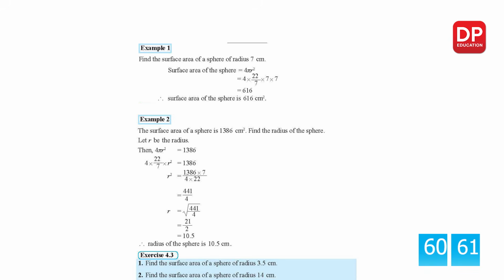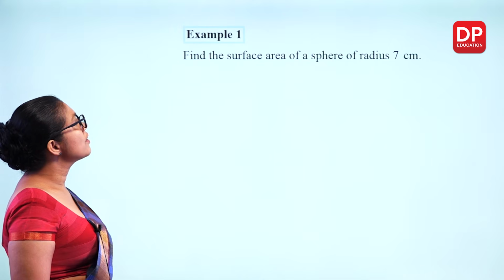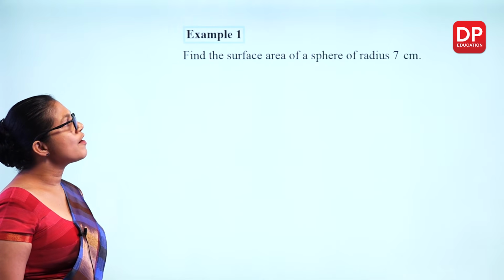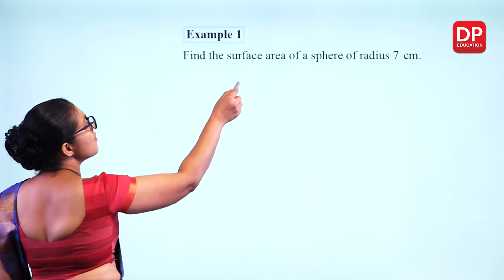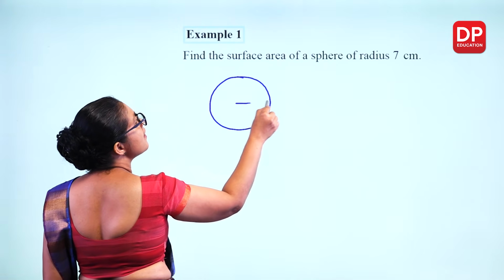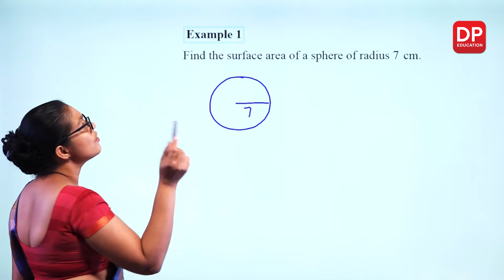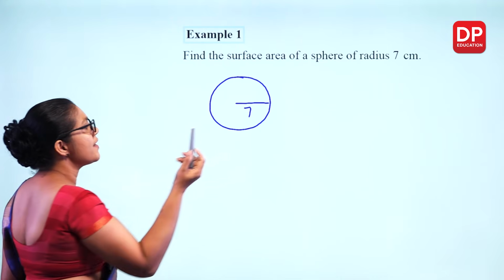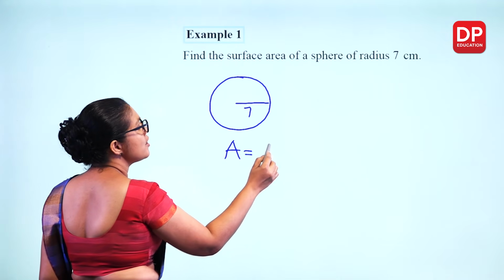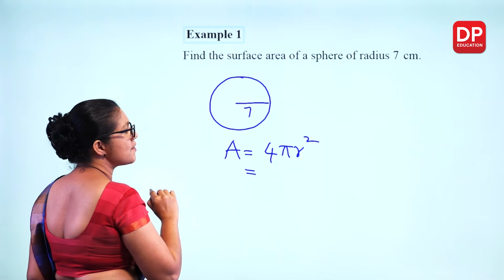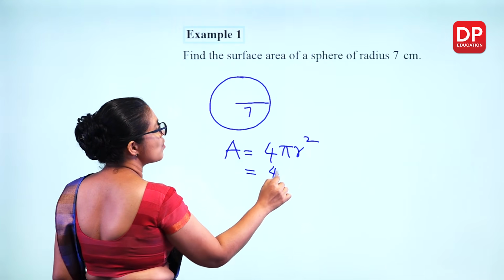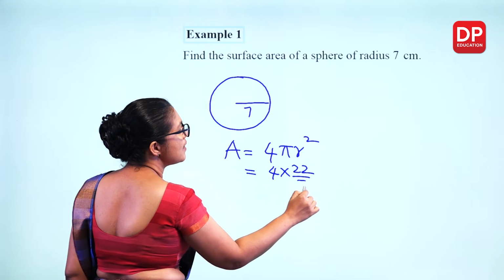Now we'll look at example number 1 in your textbook. It says find the surface area of a sphere of radius 7. So here you are given a sphere and radius 7. You are asked to find the surface area. So straight away you can use 4 pi r squared, the surface area of a sphere. 4 times 22 over 7.